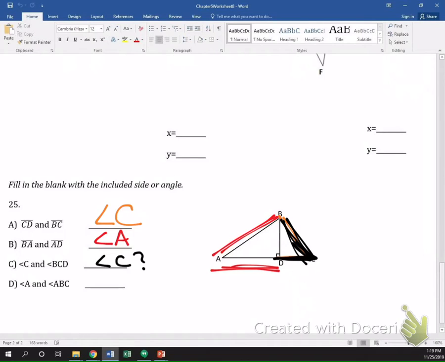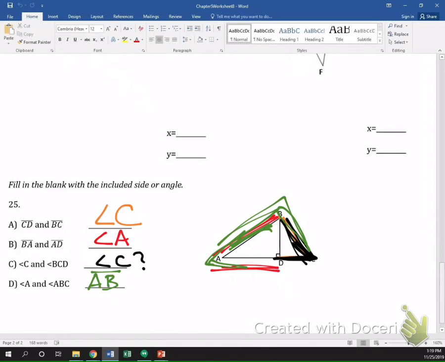Look at D. It is probably more typical of what you'll see when you're talking about the angles, because angle A is here, and then angle ABC is up here. So the included segment would be the side AB. Normally in between two angles, there's a side. Like I said, I think C was a typo. So yeah, look at D a little more carefully.